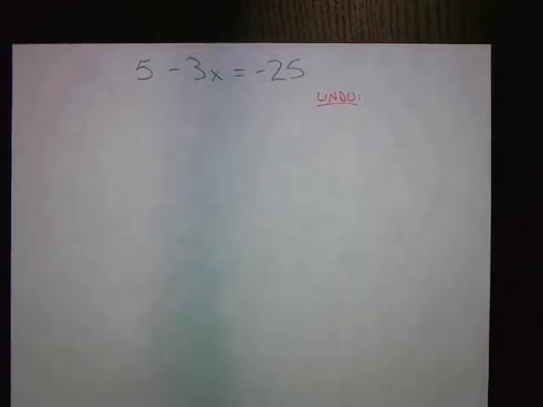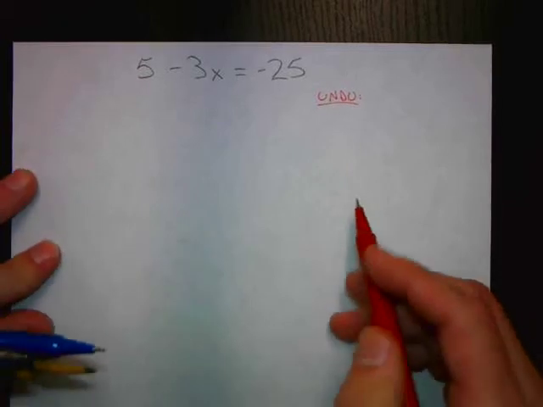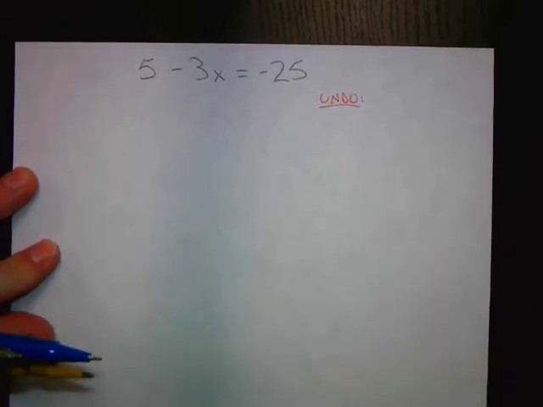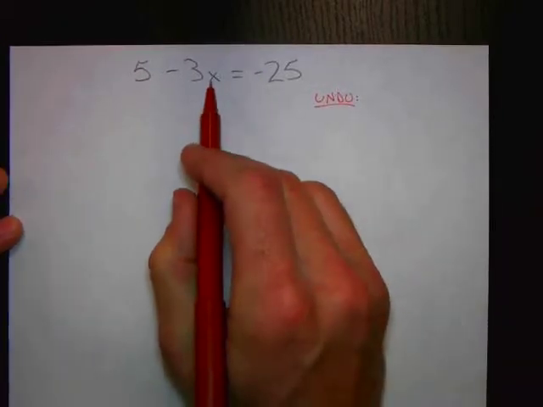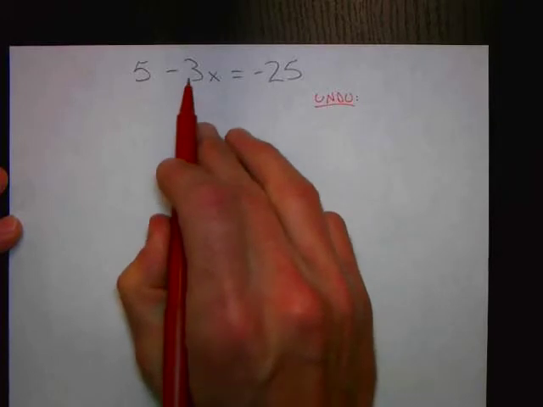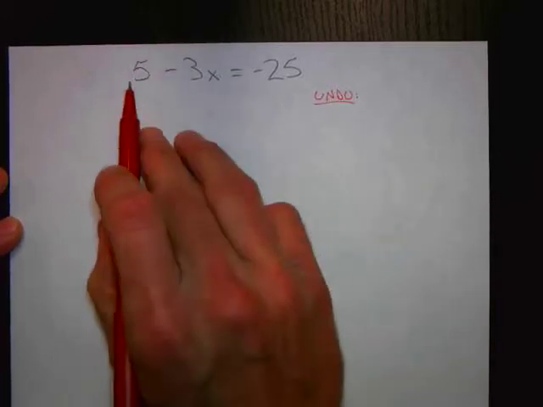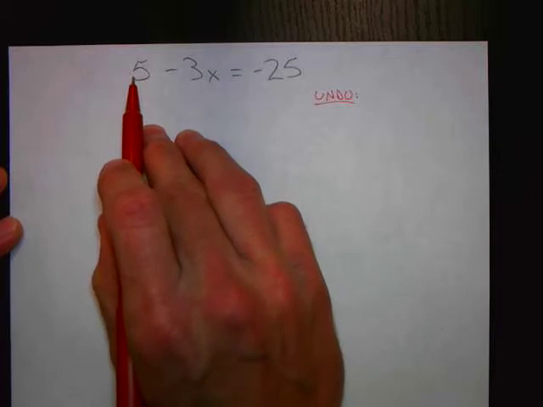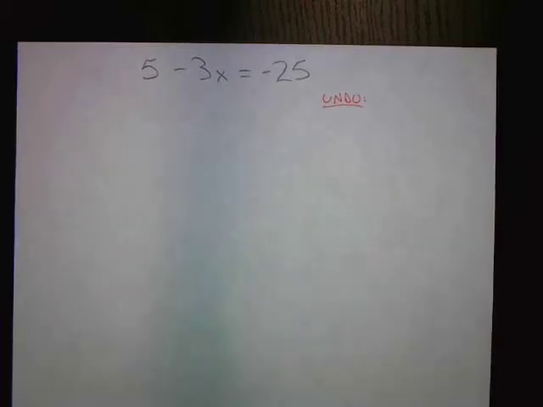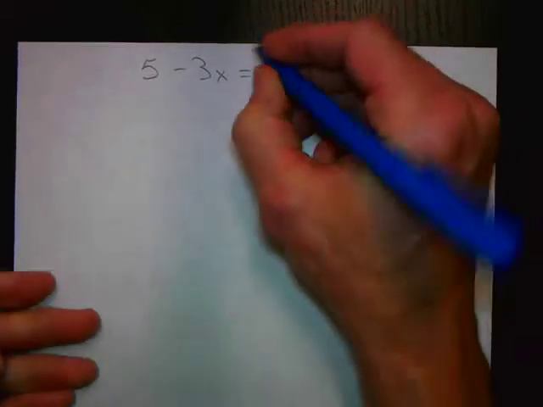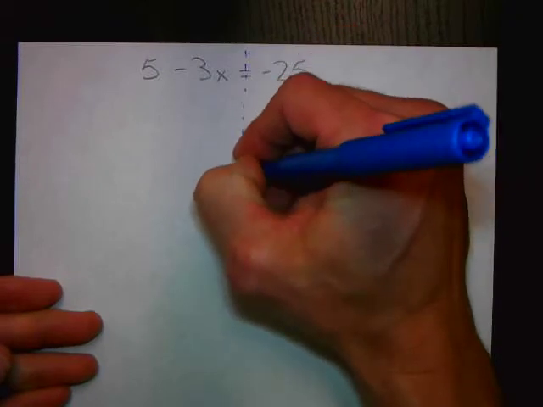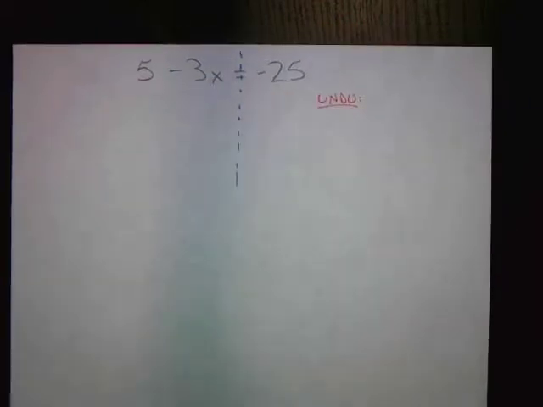Now, the way we undo a variable, just like I mentioned before, is retracing our footsteps. We have our variable here, and we see what is closest to it, and then what is furthest away from it. Okay, but we're going to deal with sides. With this equation, we have 2 sides. We have a left-hand side and a right-hand side.